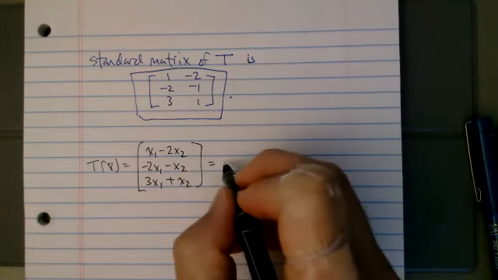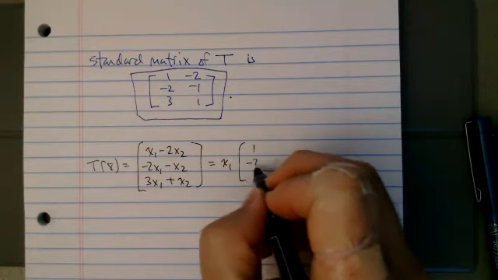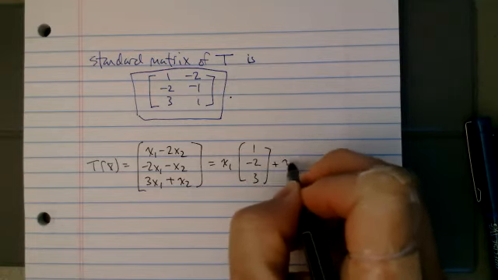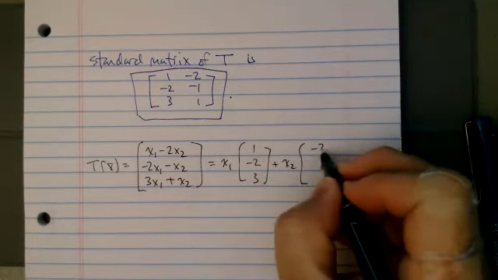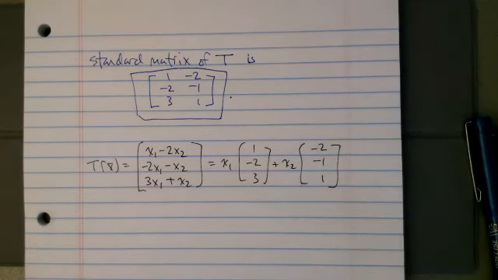If I break this up into its parametric vector form, I get x1 times 1, -2, 3 plus x2 times -2, -1, 1. And we can see that those are going to be the columns. We can easily see what the matrix is going to be just by looking at the transformation. You can and should do exactly that.